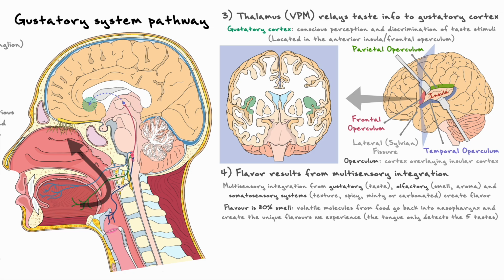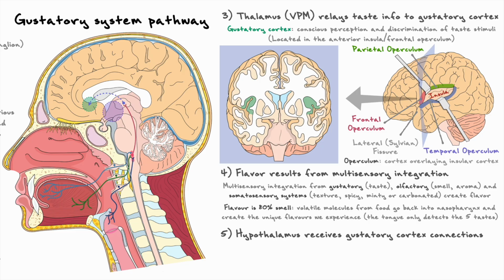It will only be able to tell whether it's sweet, sour, bitter, umami, or salty. This relationship between taste and olfaction explains why food can taste so bland when you are sick and your nose is stuffed.